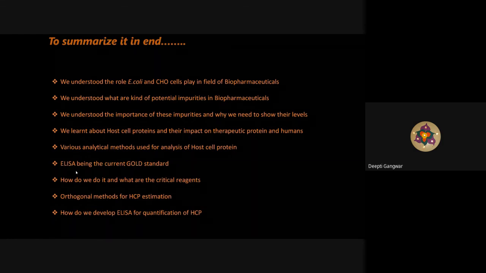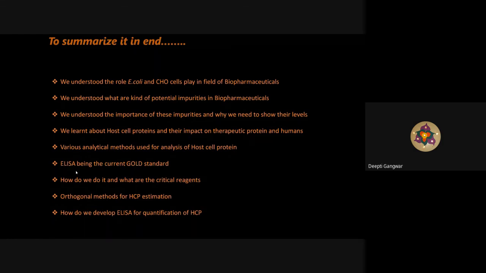To summarize all that we have gone through today: we understood there are two basic classes of cells that we use in biopharmaceuticals, largely E. coli and CHO cells. Then we understood what kind of impurities they generate in biopharmaceuticals. Because the cells are related to the process, the impurities generated from the cells fall under process-related impurities.